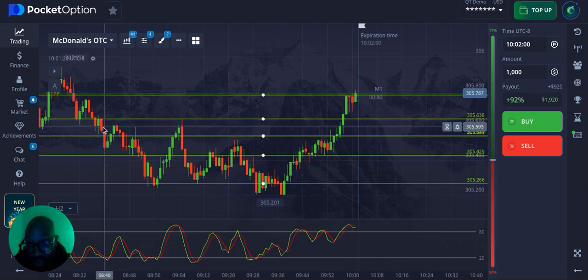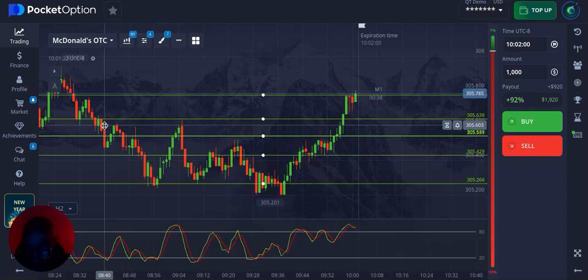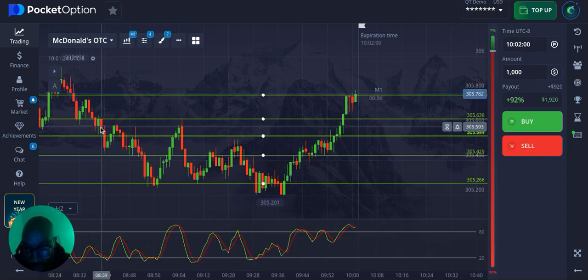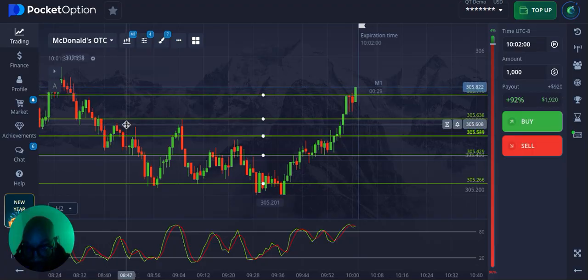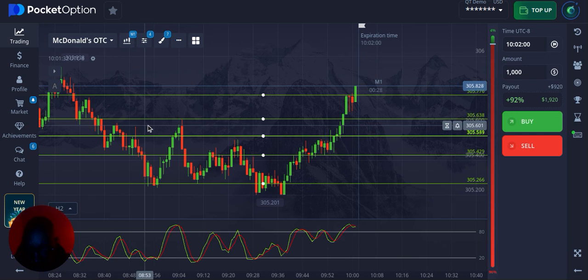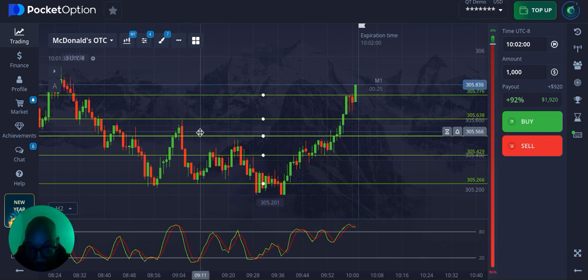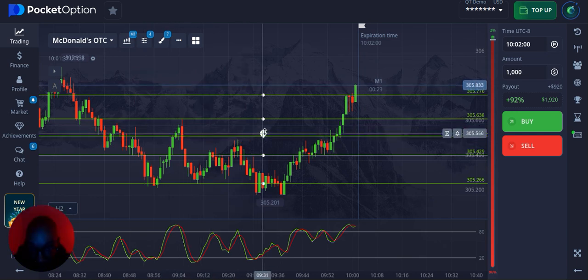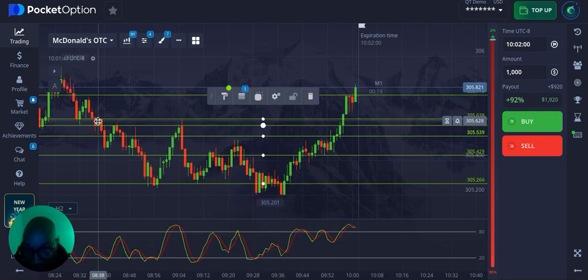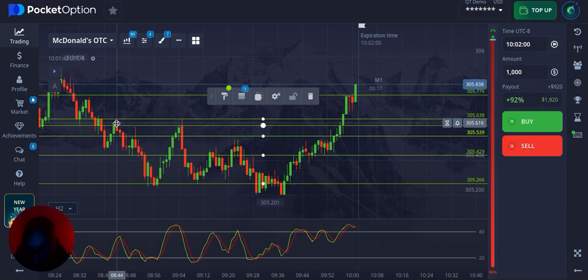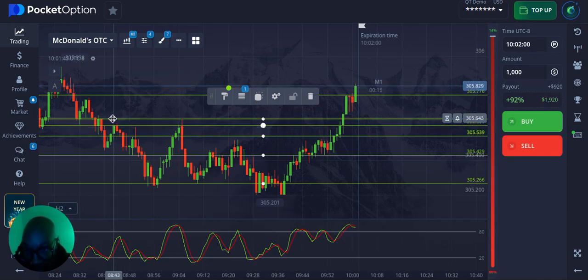The retest will come either right here at the bottom of that first candle, as you can see, it's coming and retesting right here. That's what I'm talking about right there. So it either comes and retests right there or comes all the way to the top of that candle.